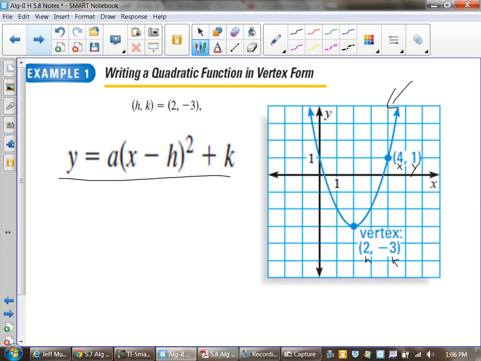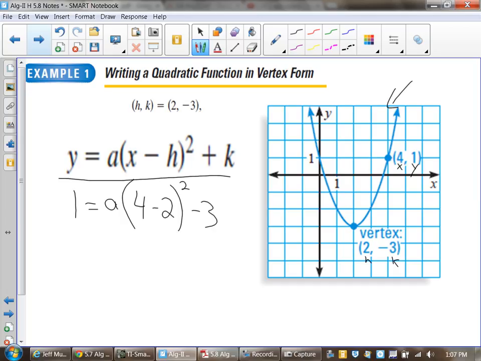If my ordered pair is 4, 1, that means 1 has to equal a times, well, what's x? 4. h is 2, quantity squared. Now when I write out k, do I write it as plus 3 or minus 3? Minus 3, because h and k is 2, negative 3.